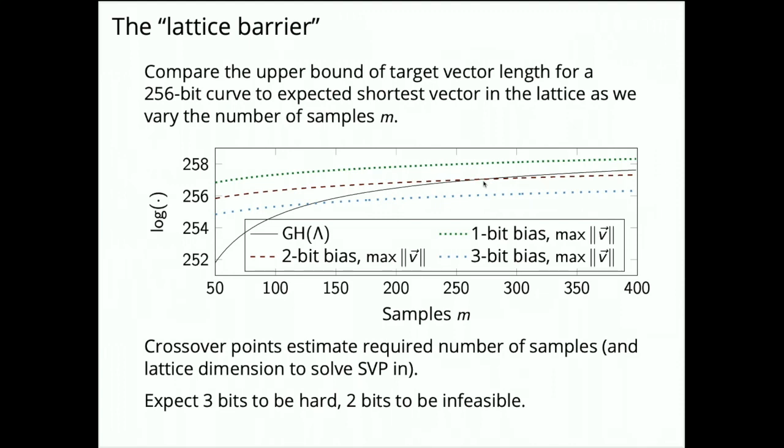And so the argument that I put on the previous slide is saying that, essentially, if you look at these parameters, solving a 3-bit bias for a 256-bit curve requires solving the shortest vector problem in a 130 or 140 dimensional lattice, which is feasible-ish now, but is non-trivial. 2 bits is going to require solving the shortest vector problem in between 250 and 300 dimensions, which is kind of not really feasible.